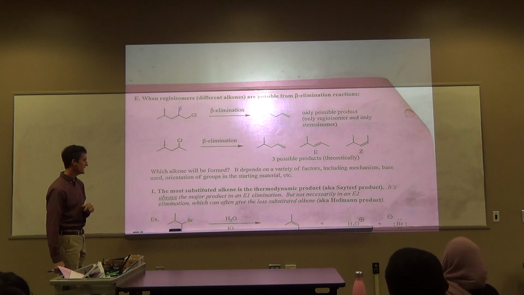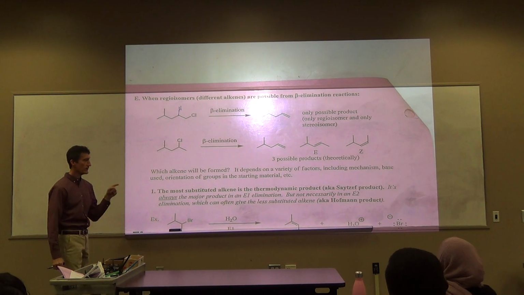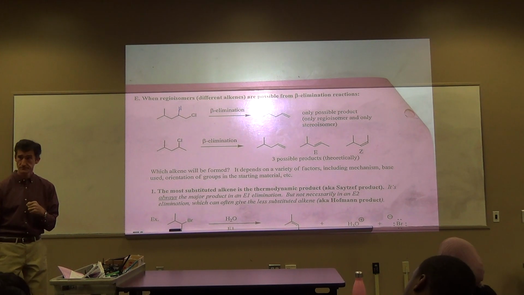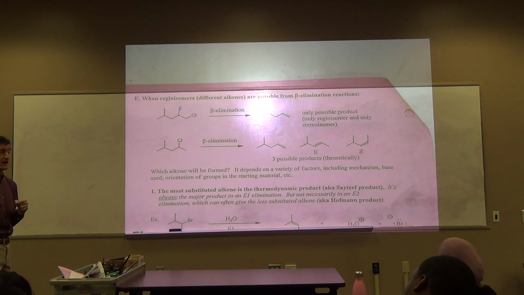But not necessarily in E2, which can often give the less substituted alkene. The less substituted, which is not the most stable, that one is called the Hofmann product.